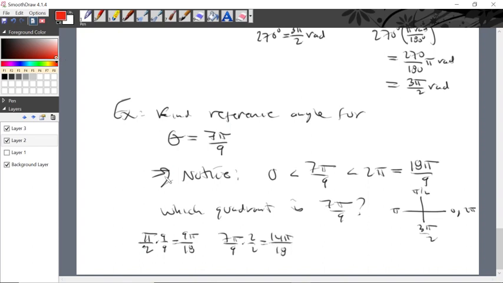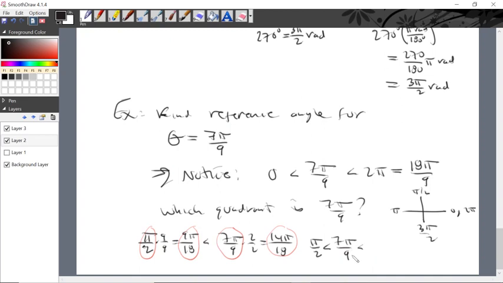So which one is larger? Pi over 2 is equivalent to 9 pi over 18. 7 pi over 9 is equivalent to 14 pi over 18. Right? So we see that 7 pi over 9 is greater than pi over 2, because 14 pi over 18 is greater than 9 pi over 18. Okay?